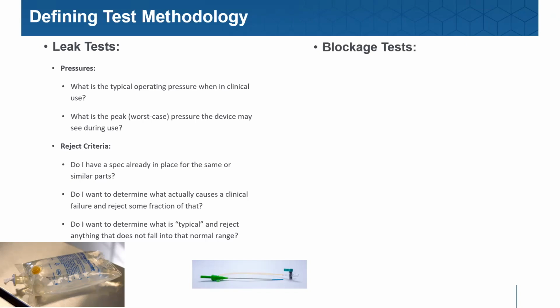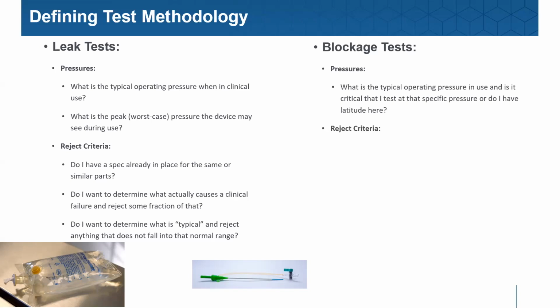So with that, okay, we can look at blockage then. For a blockage test, pressures. Do we know what is that typical operating pressure? Very similar to what we looked at. Is it critical that we do the blockage test with the exact same pressure, or do we have some latitude?